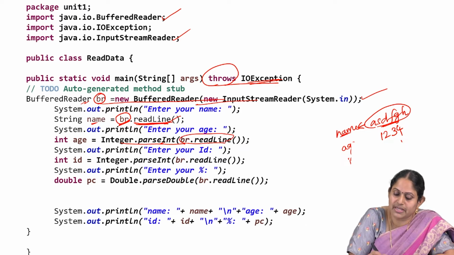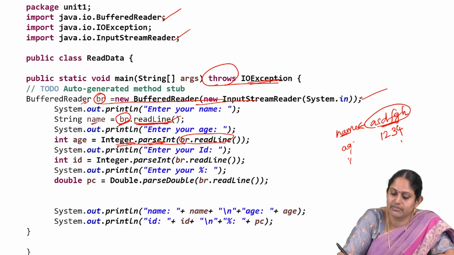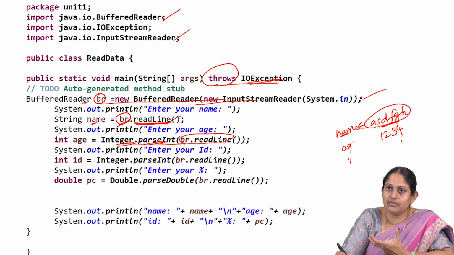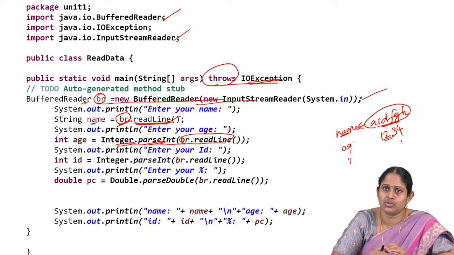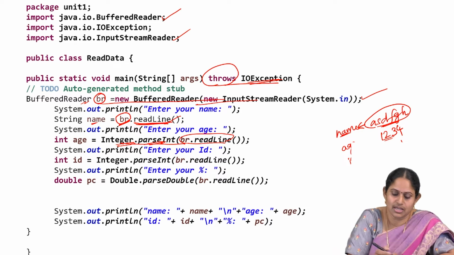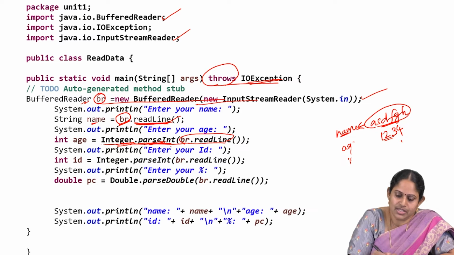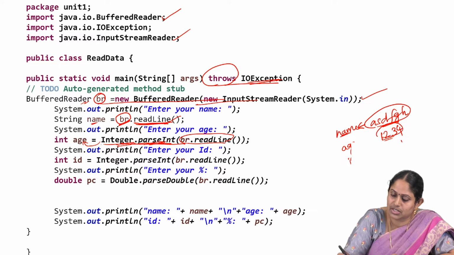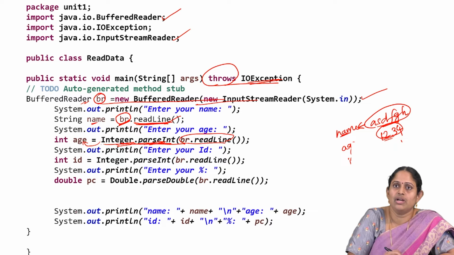That value which is read as a string has to be converted into integer. So we are using the wrapper class Integer and its parsing method to convert the value read through the keyboard. So this Integer.parseInt method will convert the string "1234" into integer 1234 and store it into age.